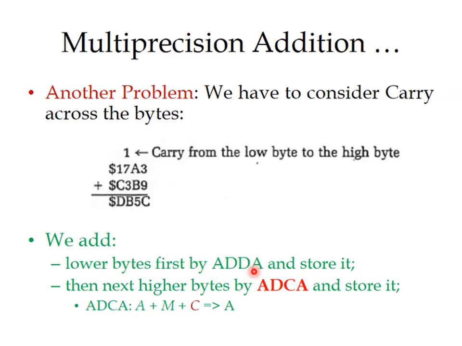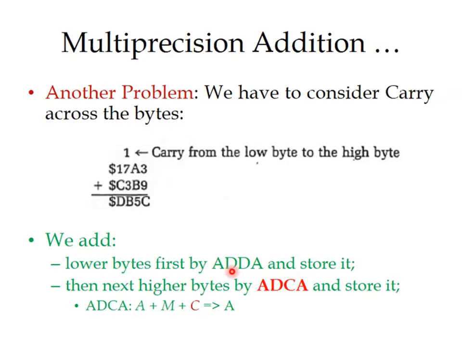If you go to your instruction set, at the very first page, you will find this instruction ADDA, which adds the content of accumulator A and accumulator B, and then stores the sum into accumulator A. So we can use this instruction to add the lower bytes first, and we save the sum of the lower bytes in accumulator A.